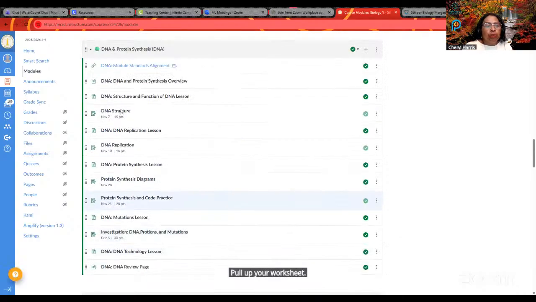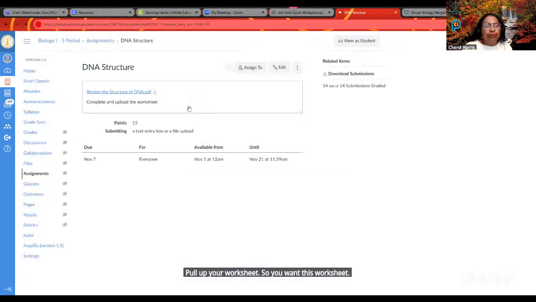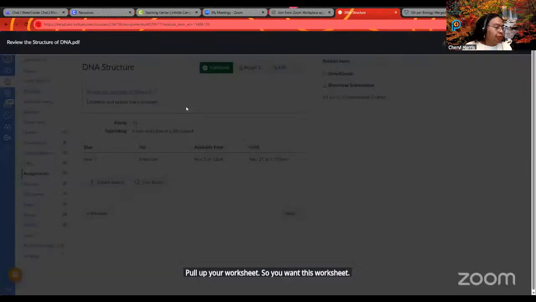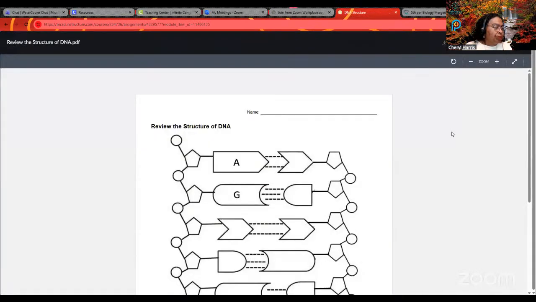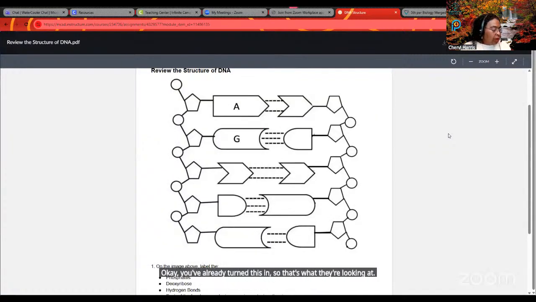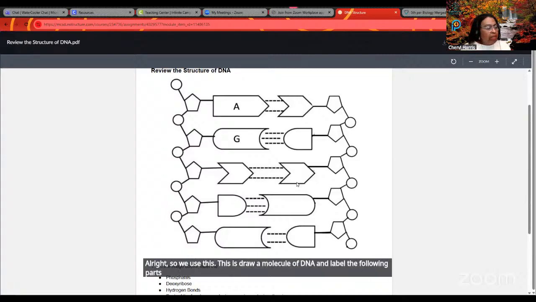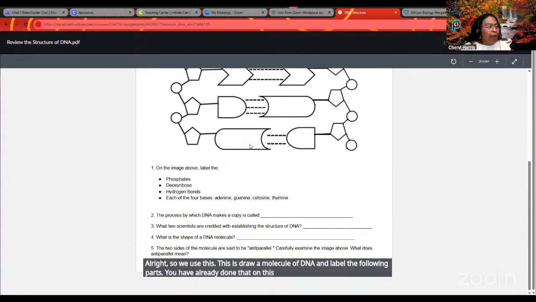So you want this worksheet. Okay, you've already turned this in. So that's what they're looking at. All right, so we use this. It says draw a molecule of DNA and label the following parts. You have already done that on this worksheet. So just go back and look at it.